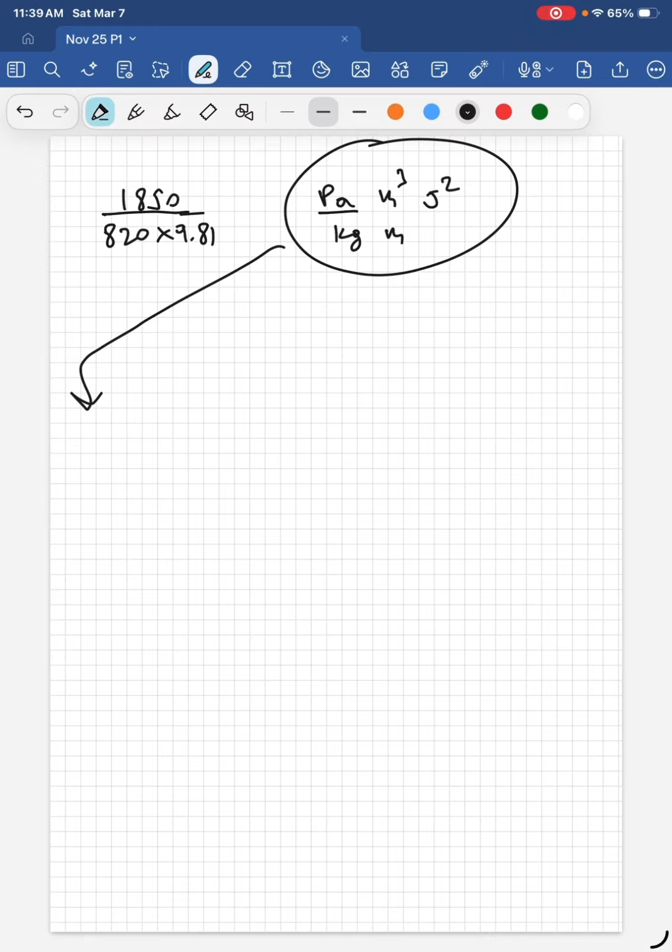So 1 pascal is 1 newton per square meter. So we have newtons per square meter, then times meters cubed times seconds squared over meters, and we also have the kilograms from before.